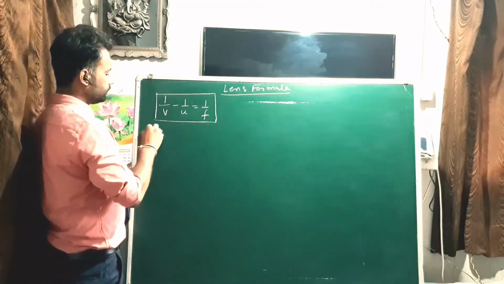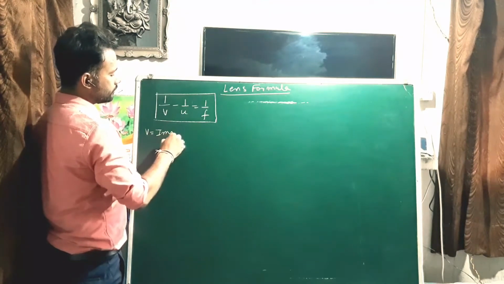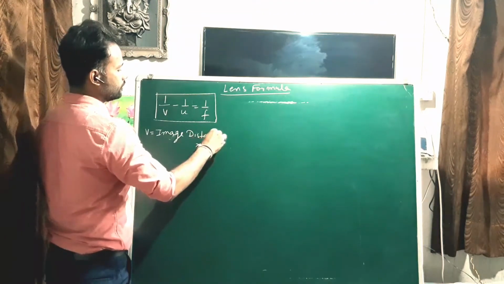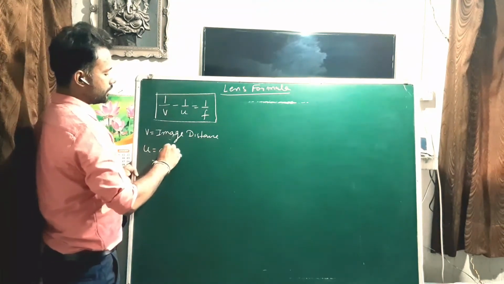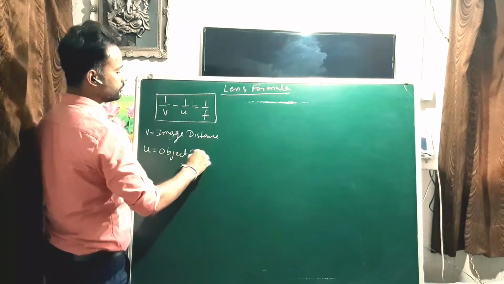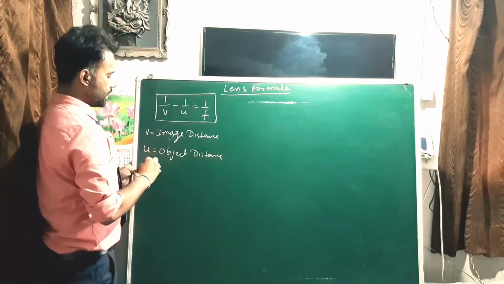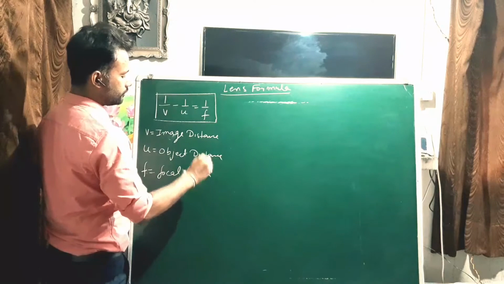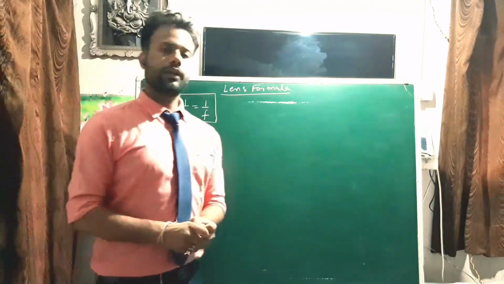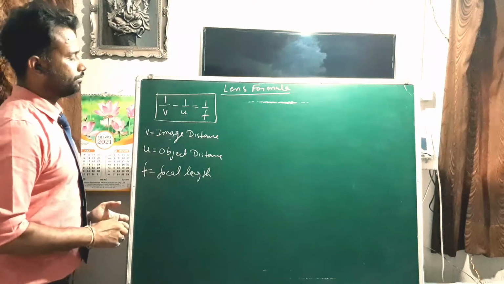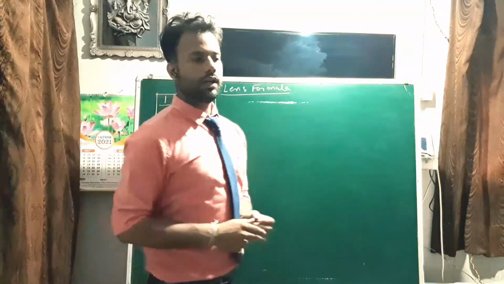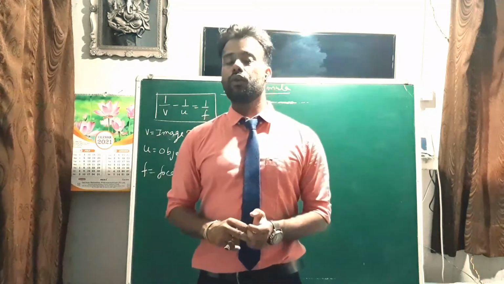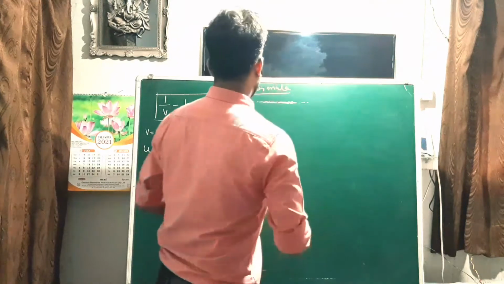Here v is the image distance, u is the object distance, and f is the focal length. Now when we say focal length, we always mean the principal focal length or the secondary focal length.